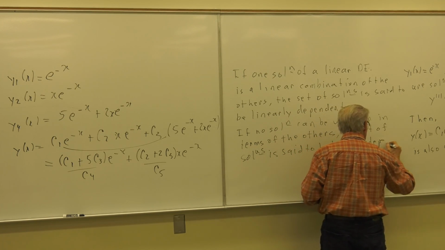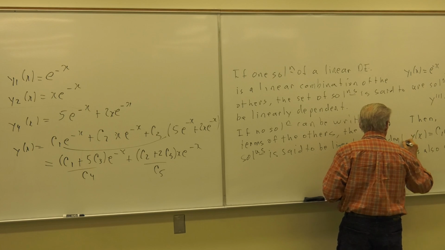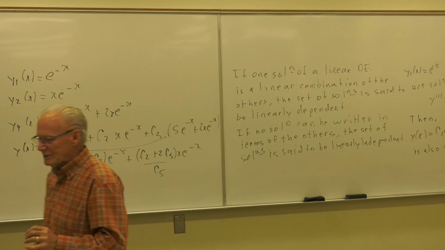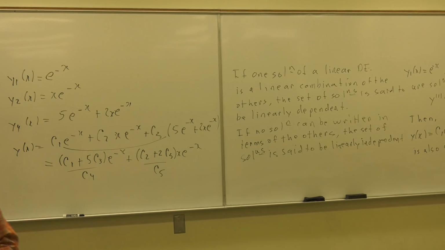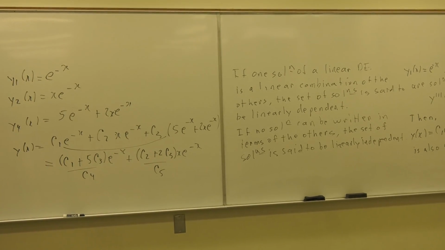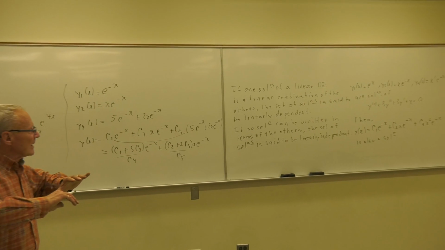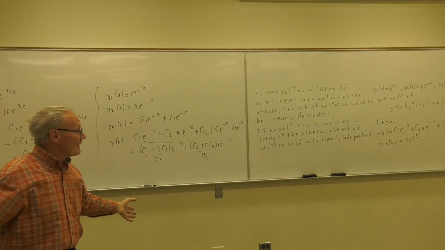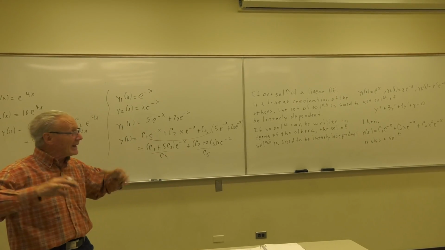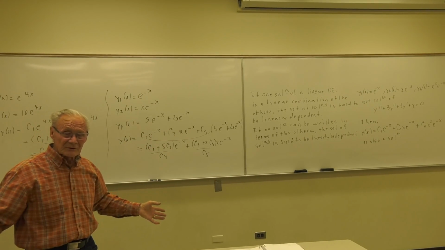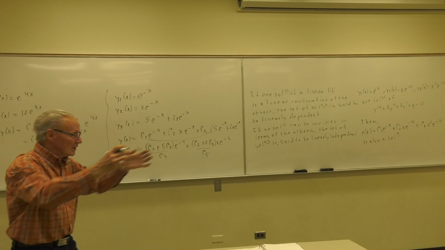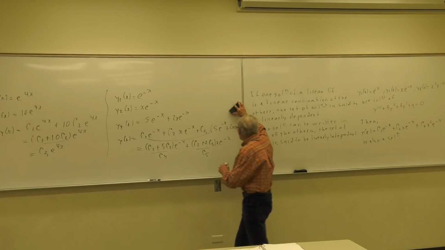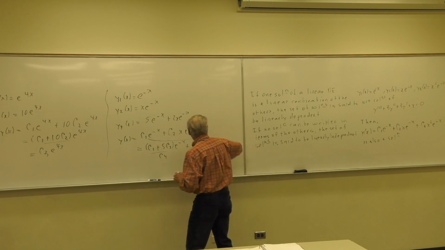So this is not a new concept to you. It's simply now in terms of solutions to differential equations as opposed to vectors that you had in 1210. In fact, in an advanced mathematical course on differential equations, I would talk about a vector space of solutions. So the vectors would actually be solutions. But we're not there. We don't do it in that kind of formality. But we've got the same terminology.